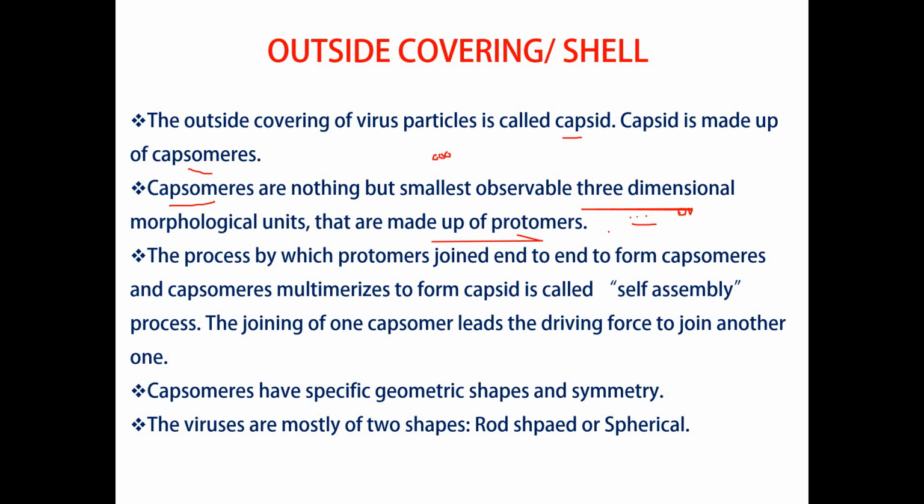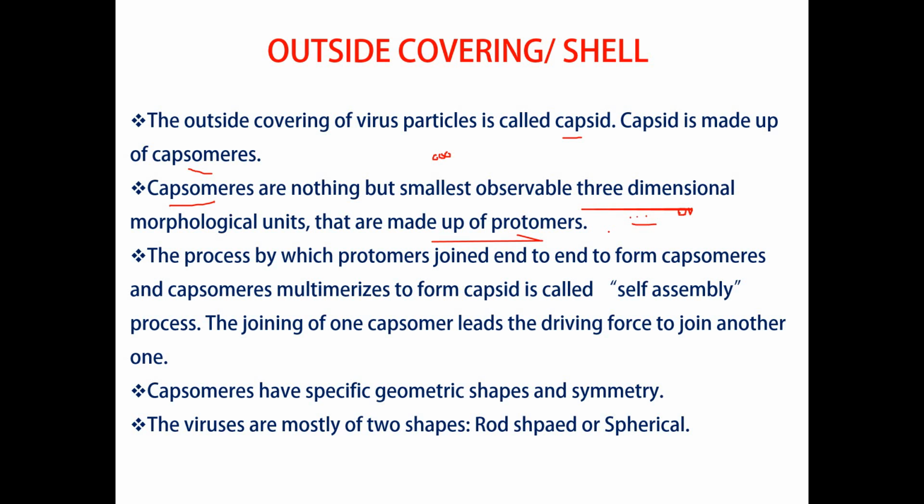The process of producing the capsid starting from the protomers is called the self-assembly process, because when a single protomer joins with another protomer to form a capsomer, and again when the capsomer joins with another capsomer to form a capsid, this entire process leads the driving force to another.